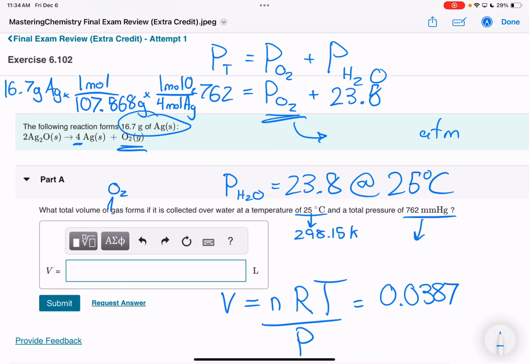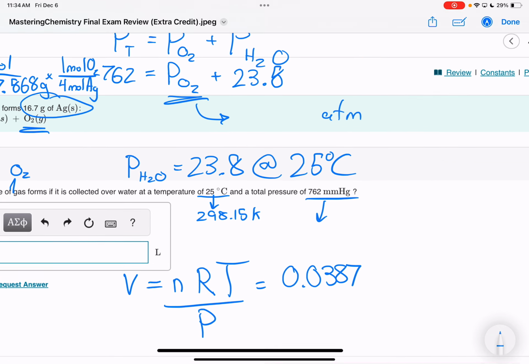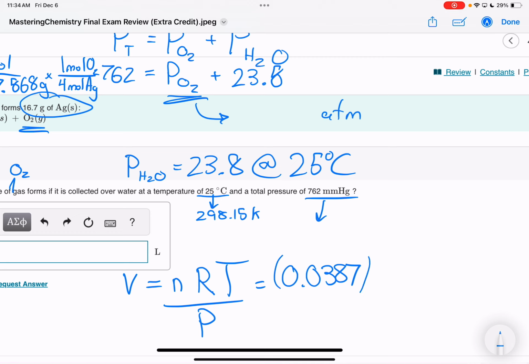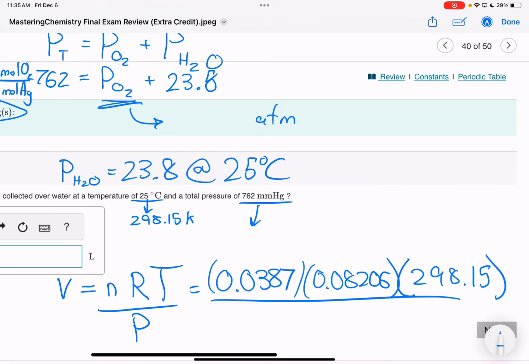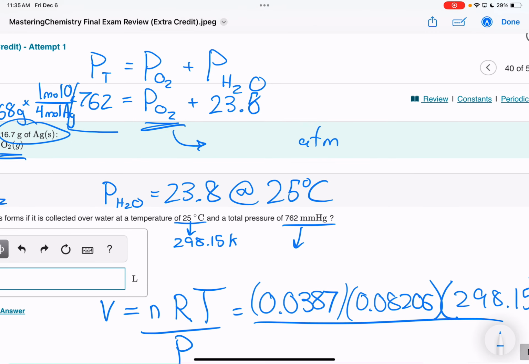0.0387 moles of oxygen are 0.08206, T 298.15. And then I just need to finish this pressure calculation up here. So I'm subtracting to get the pressure of oxygen, 762 minus 23.8.